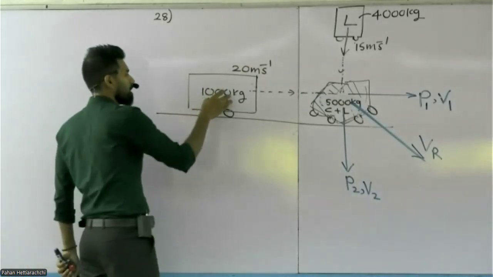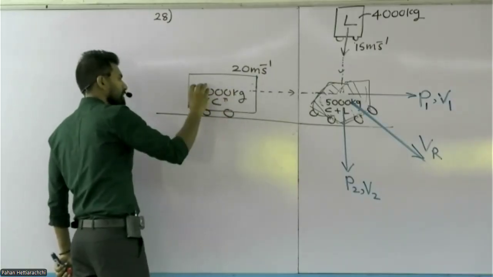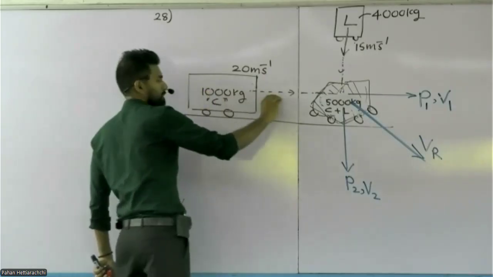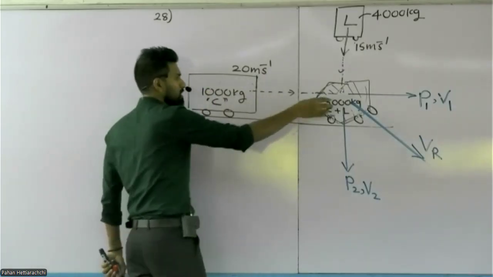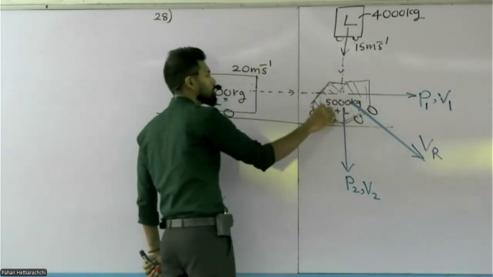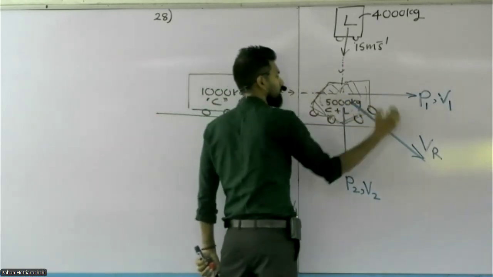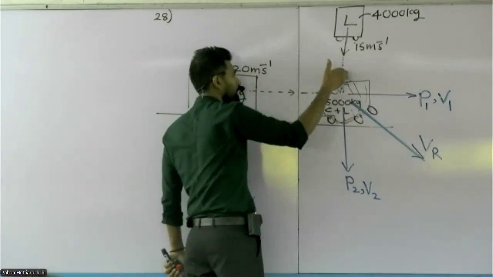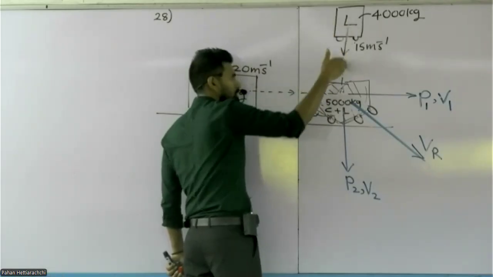Initially, due to the motion of the car, there's a momentum in the direction where the car is moving. So, after the collision, this vehicle combination should also have a momentum in that direction. Due to the motion of the lorry, there's an initial momentum in the direction where the lorry moves.